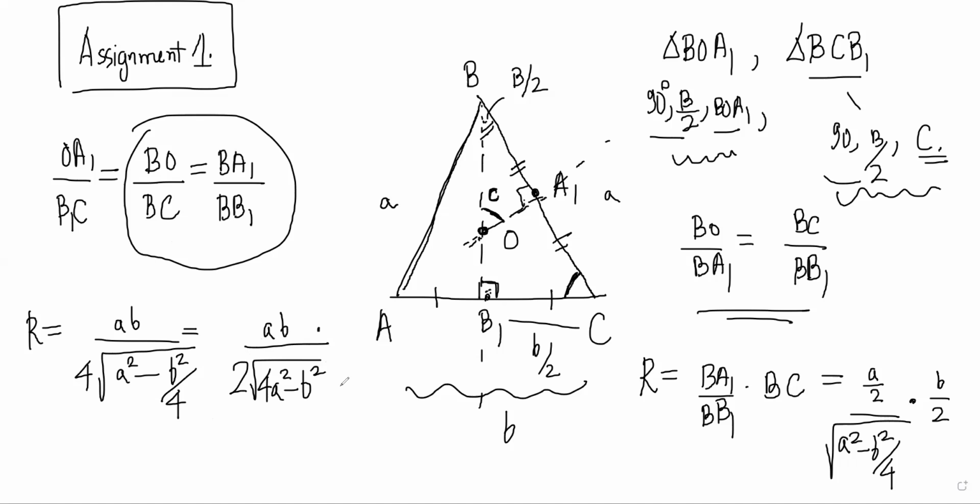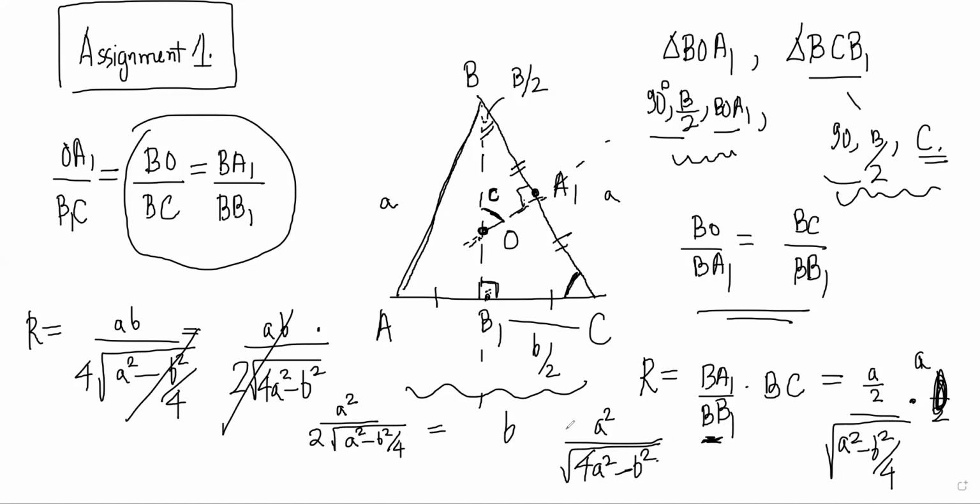BC was also equal to A only. BA1 is A by 2, BC is A, and BB1 is what we have written correctly. So it is actually A square by 2 root over A square minus B square by 4. So A square by 2 goes inside, and it becomes root over 4A square minus B square.